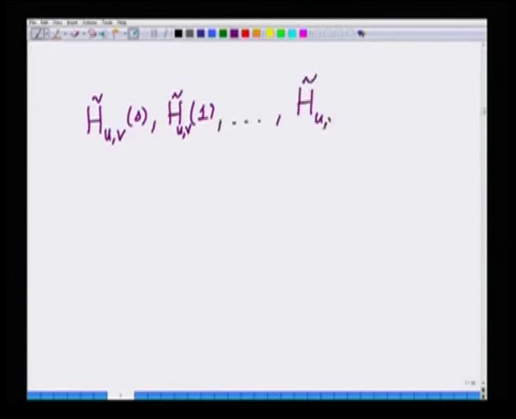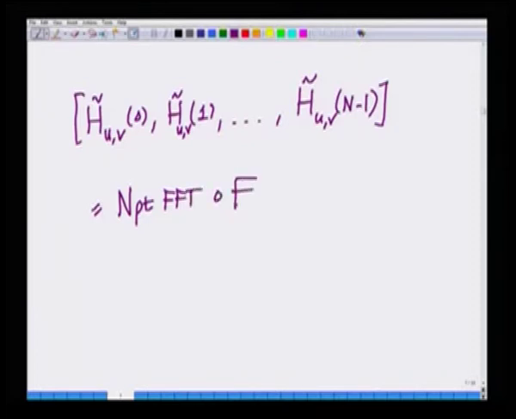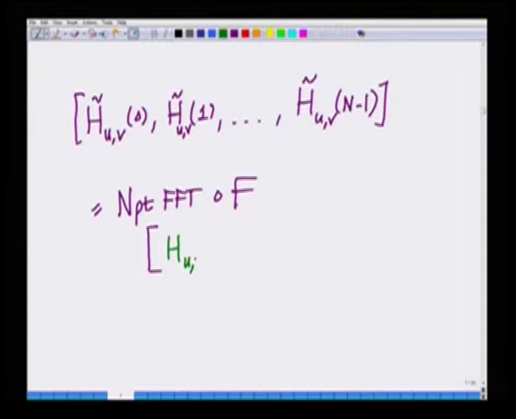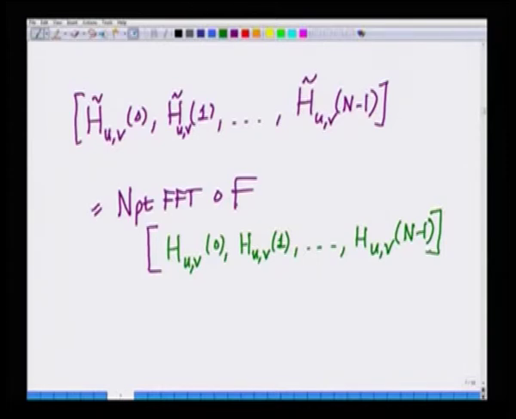If you take this n dimensional vector, this is nothing but the n point FFT of the u-vth elements of the MIMO channel taps, which are H of uv comma 0, H of uv comma 1, so on and so forth, H of uv comma L minus 1. Of course, this has to be taken after 0 padding.